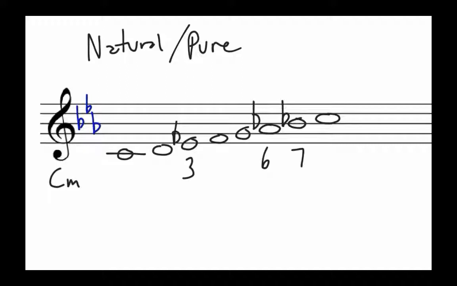Now, one of the other forms of the minor scale is called harmonic minor. And harmonic is almost like the pure or natural minor. The only difference is instead of this flat 7, we have a raised 7. So we're going to make that B natural. In a sense, we're canceling out this flat over here. We're making it B natural.